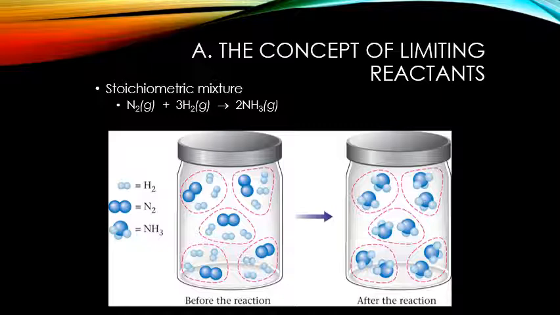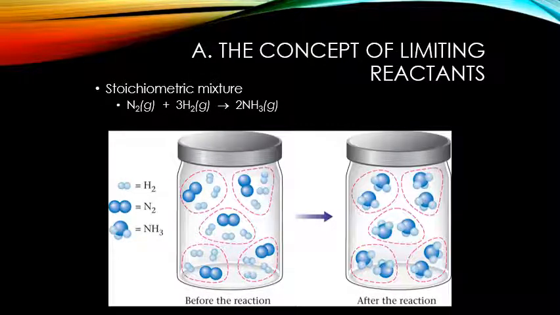So in this first diagram that we see here, we are looking at a perfect stoichiometric mixture for these. So what that means to me is that I have exactly the right number of moles of both reactants to produce the maximum amount of product. So we would have nothing left over. So in an ideal world, this is what we would want.